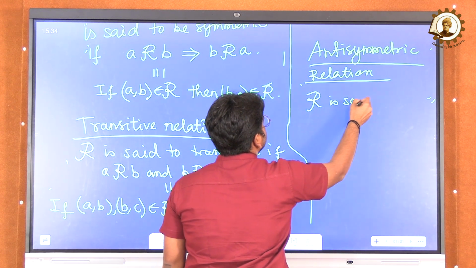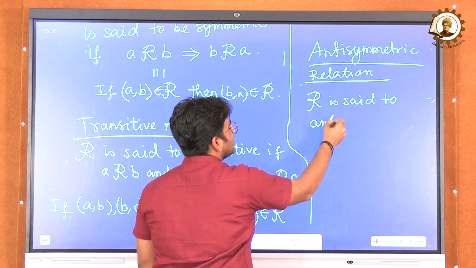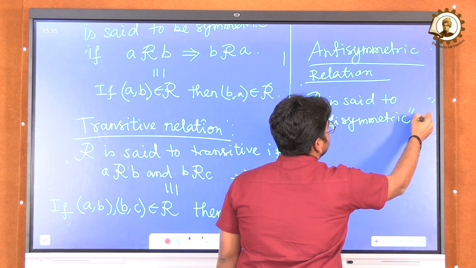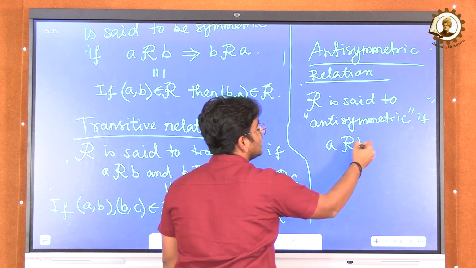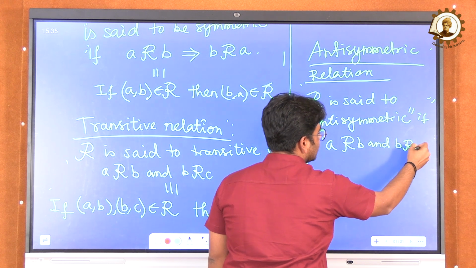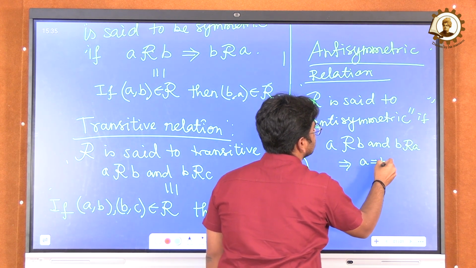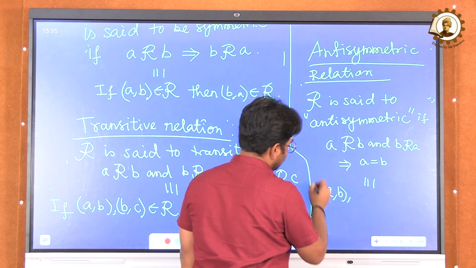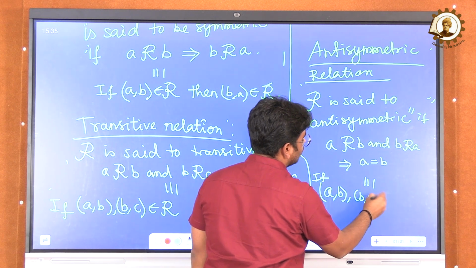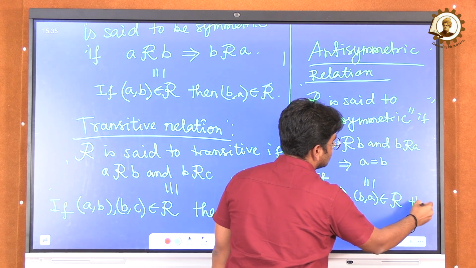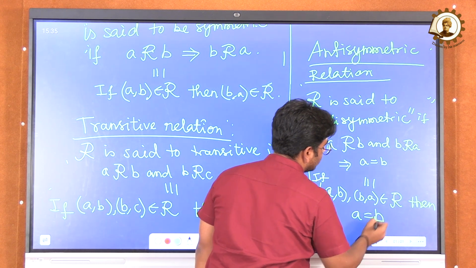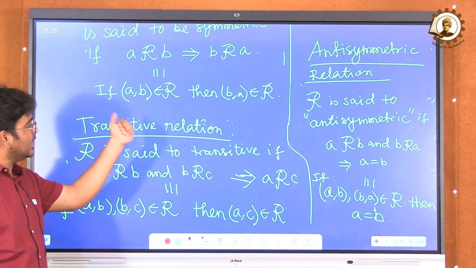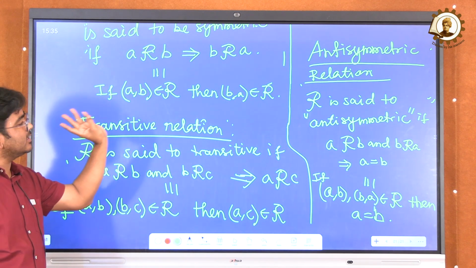R is said to be anti-symmetric if A related to B and B related to A implies A equals B. Equivalently, if (A, B) and (B, A) are both present in R, then A has to be equal to B. So these are some types of relation: reflexive, symmetric, transitive and antisymmetric.